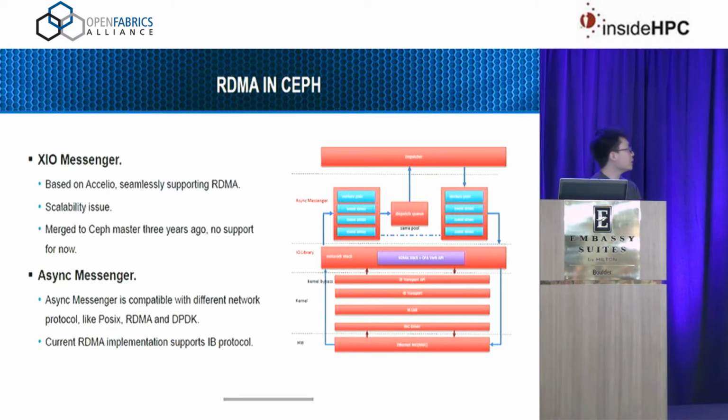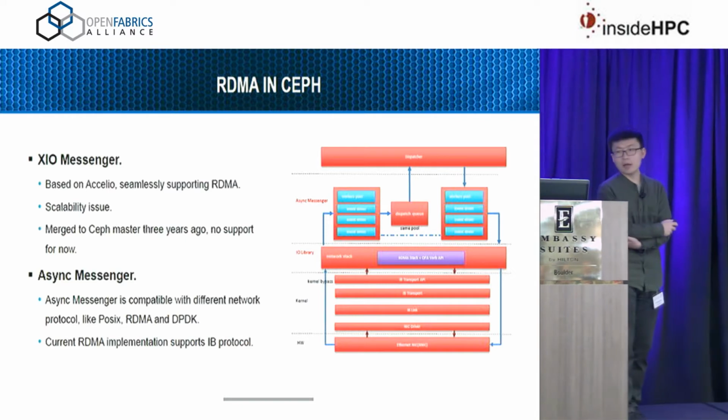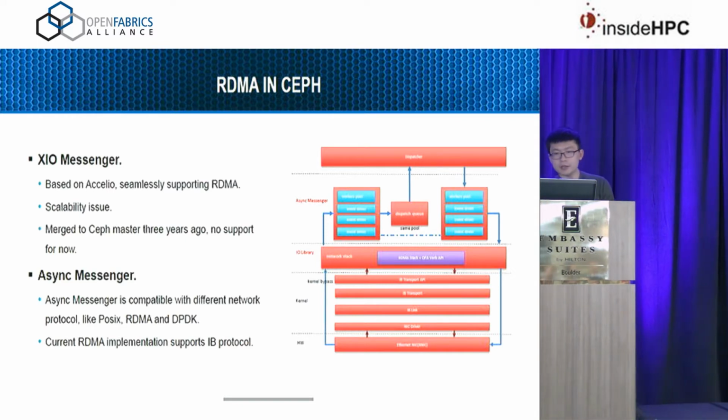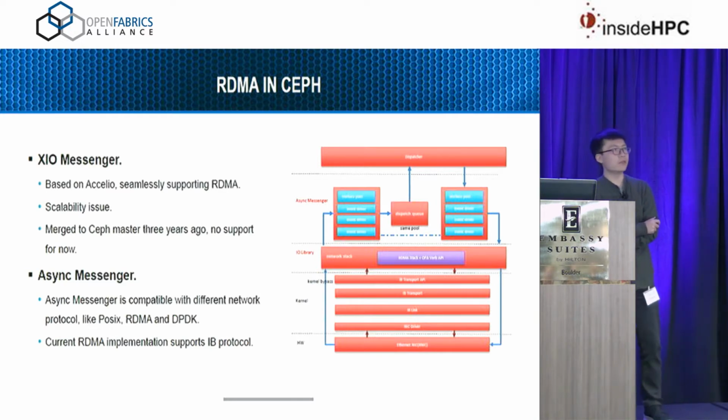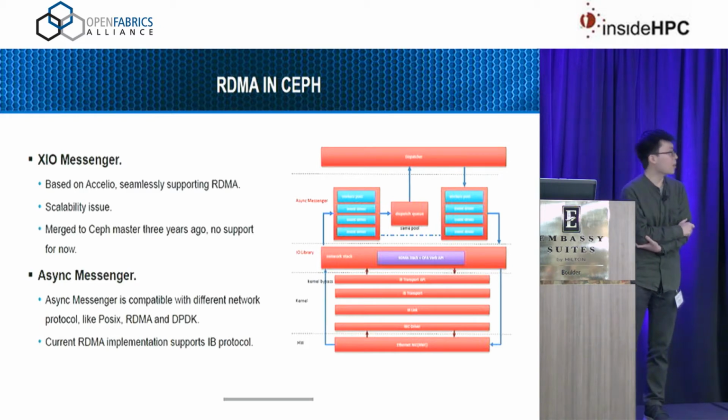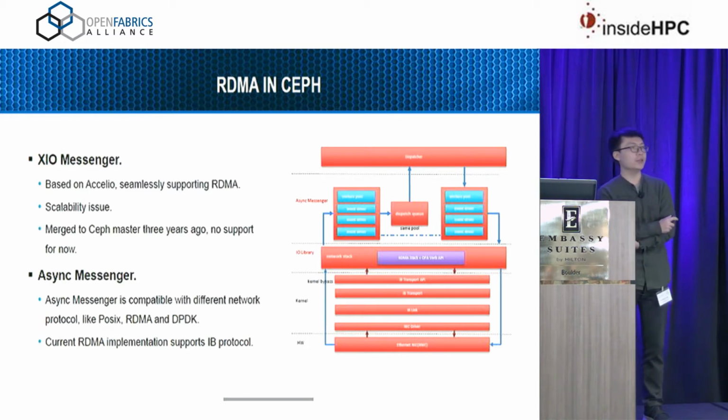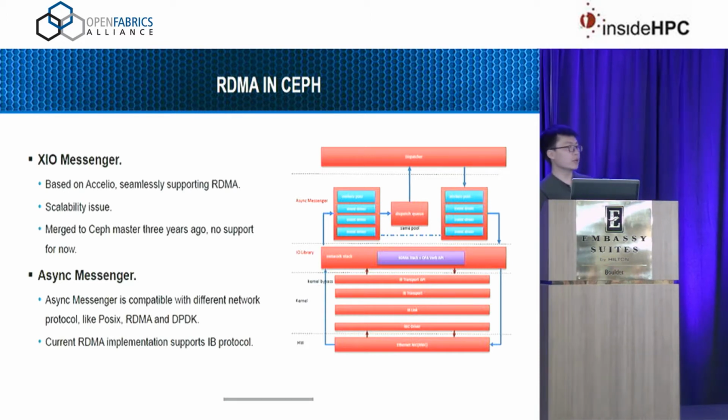The right picture is the architecture of Ceph. The upper layer is the dispatcher. It can be different kinds of components, such as OSD, monitor, or other components. The middle layer is a networking library.